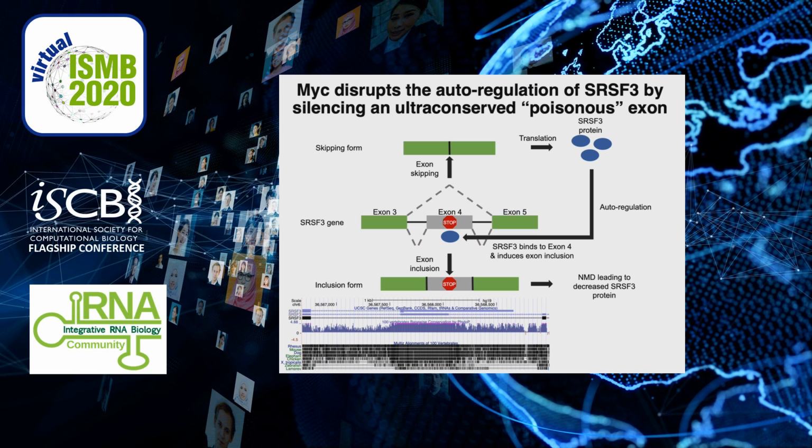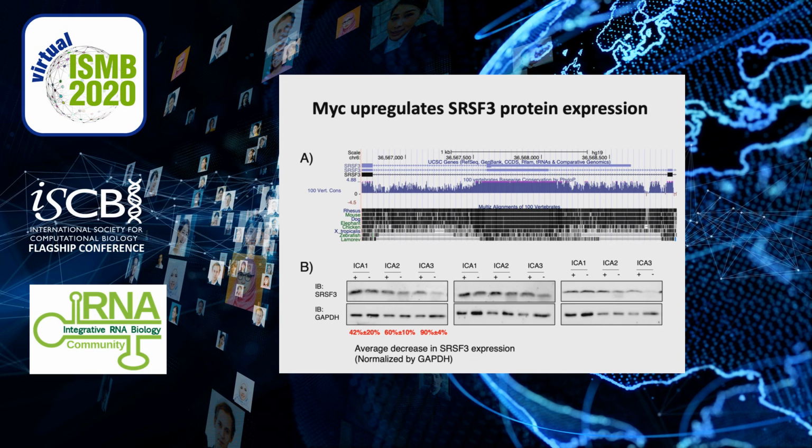But what we found novel here is that MYC activation may allow the escape from this autoregulatory mechanism and eventually achieve a dysregulated SRSF3 protein expression level in prostate cancer. This was experimentally confirmed by the immunoblot data from our MYC cell line. We saw that the SRSF3 protein level decreased relative to the housekeeping gene GAPDH under MYC withdrawal.